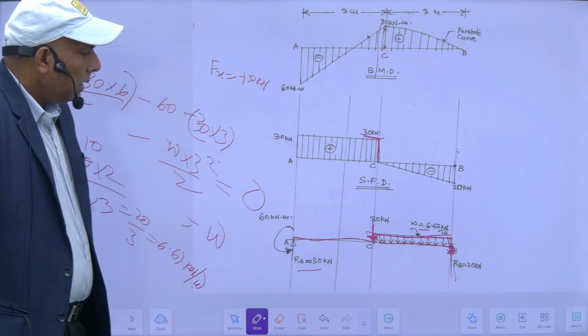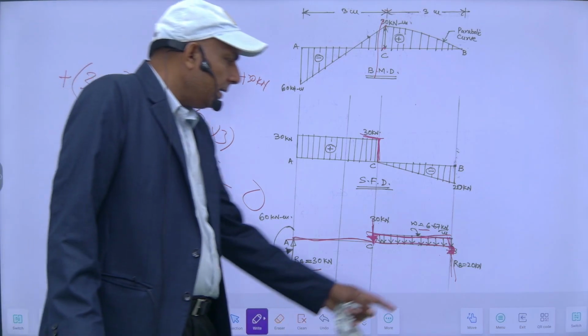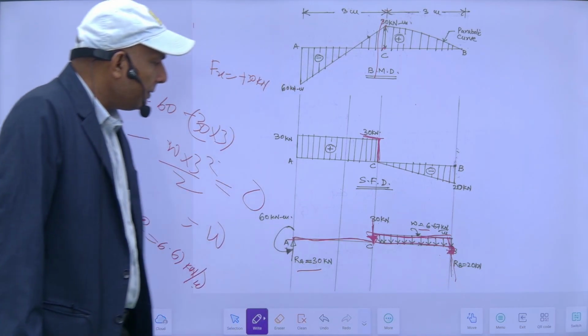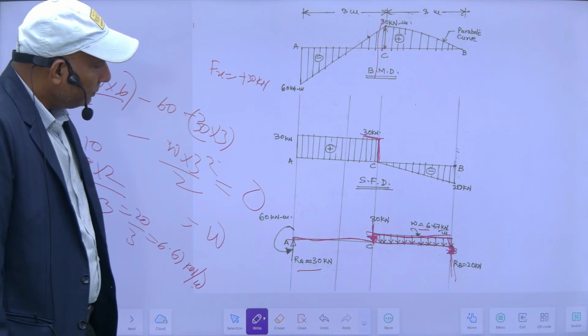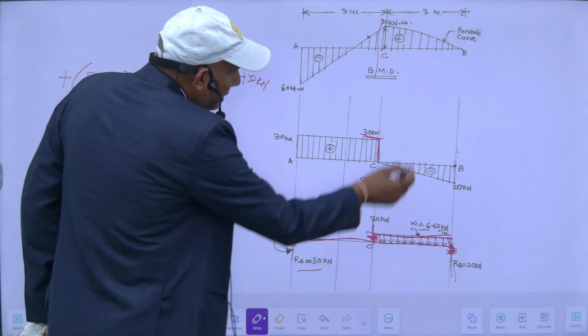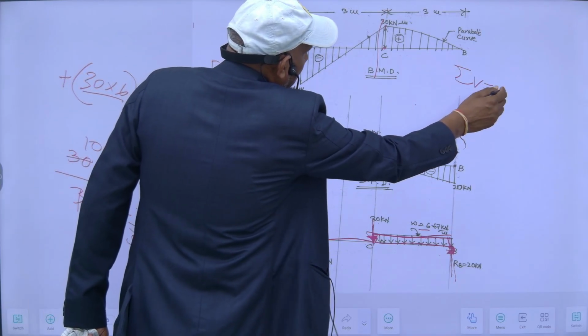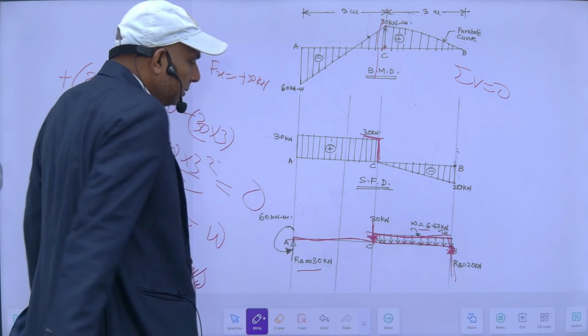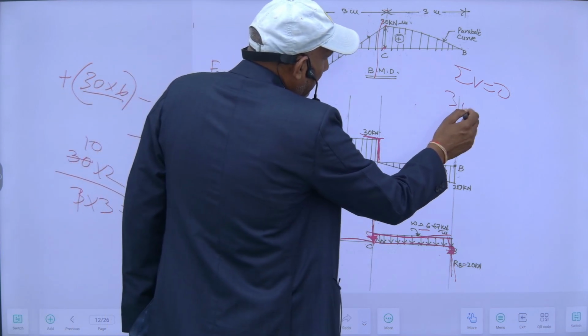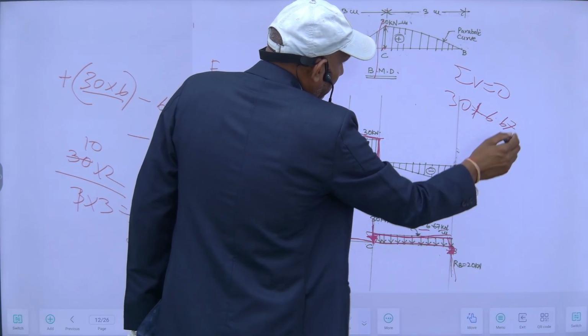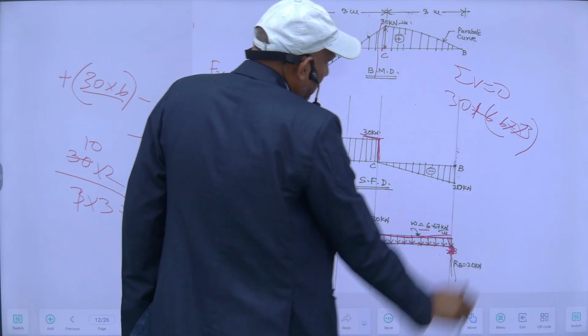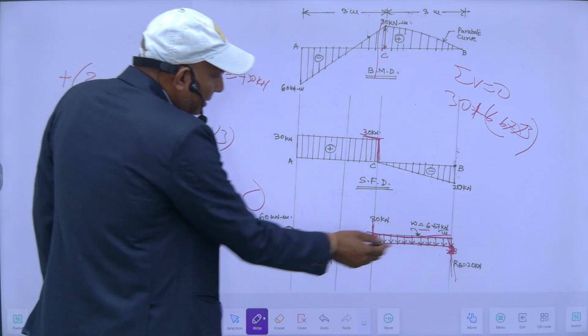Now I can find my reaction here. So this RB I can find. As I know, total vertical load sigma V is equal to 0, means vertically total it is 30 plus this 6.667 into 3. This should be equal to RA plus RB.